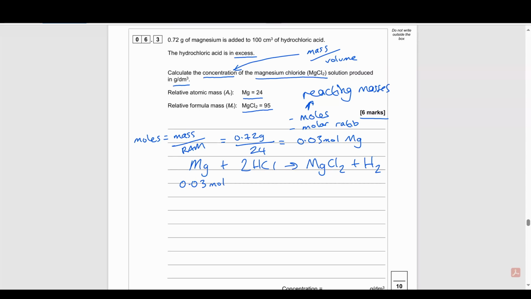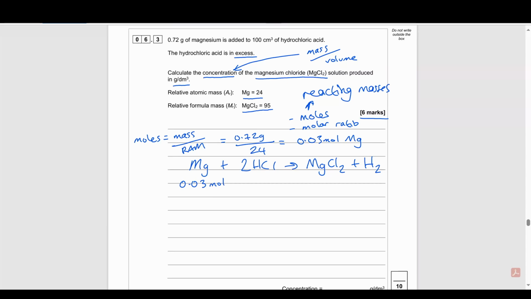So what then would be our moles of magnesium chloride? Well, from our reacting masses, we need to use a molar ratio. We can see that there are no numbers in front of magnesium and in front of magnesium chloride.